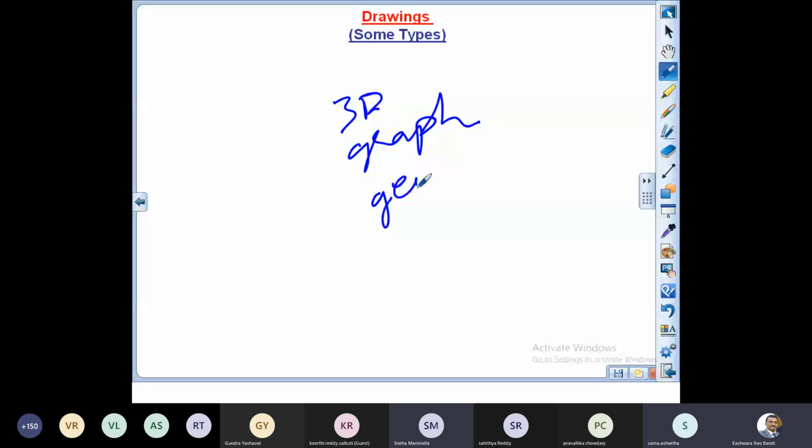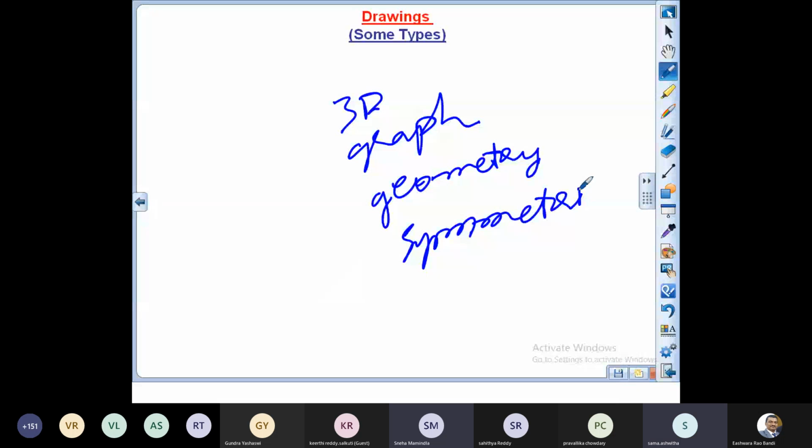Geometry. Okay. Symmetric drawing. And life drawing. Nice, isn't it?